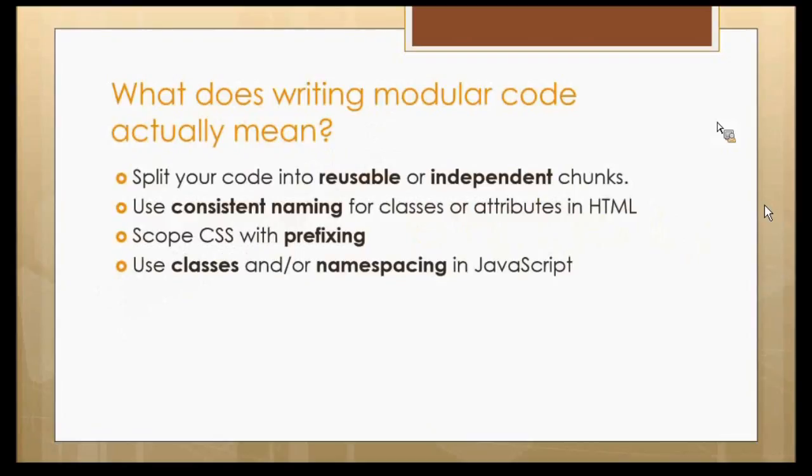There's a primary nav. There's a header. There's a footer. The header has a primary nav inside. The primary nav has submenus inside it, and submenus might have different sections inside. So we create different files for all these, and we write our code into these files. So this is what basically writing modular code is.